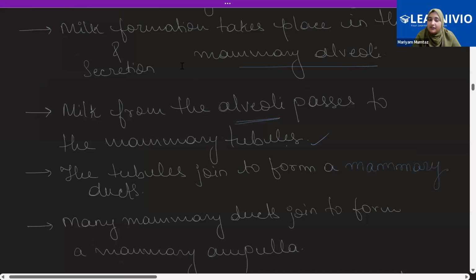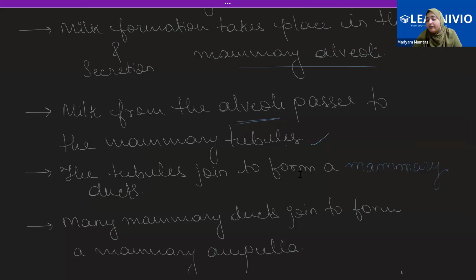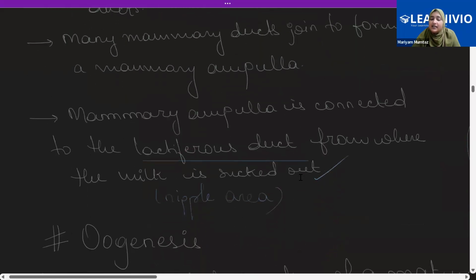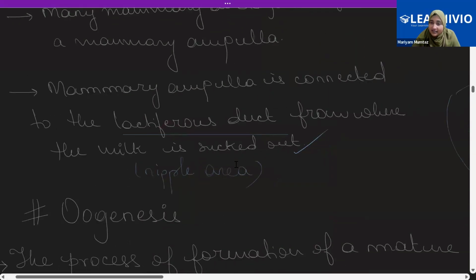The milk from the alveoli passes to the mammary tubules. Several mammary tubules join together to make a wider pathway called the mammary duct. Similarly, many mammary ducts join to form the mammary ampulla. Lastly, the mammary ampulla is connected to the lactiferous duct.